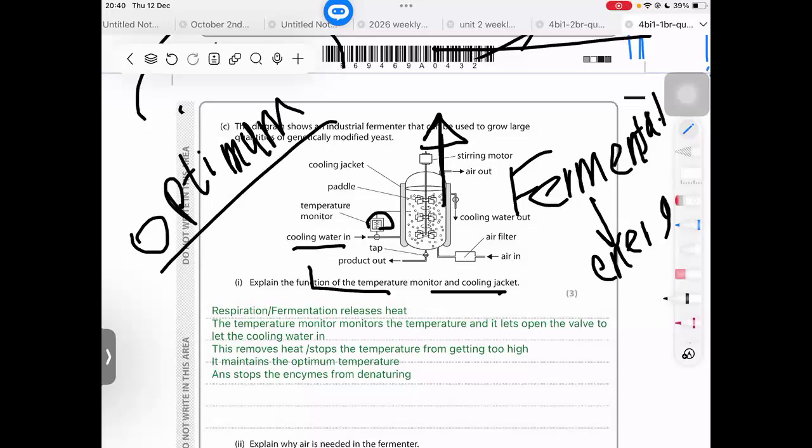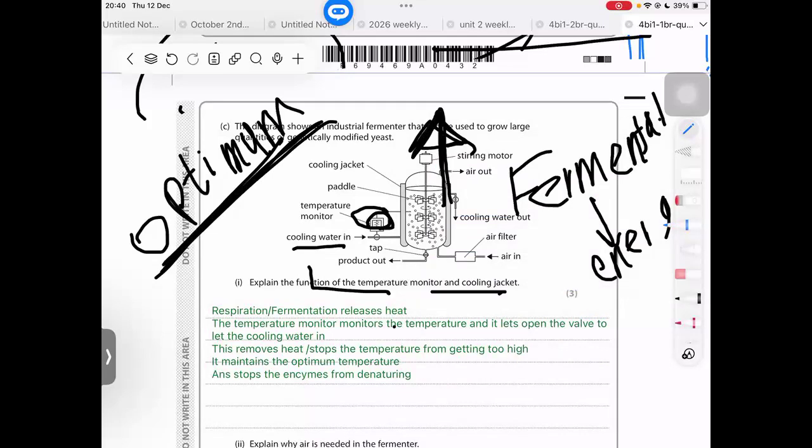So if the temperature increases beyond this optimum temperature, the enzymes will actually denature, because you use different microorganisms in this industrial fermentation. So they could get denatured because of these high temperatures. In order to prevent this, there is a temperature monitor which will always detect the temperature.